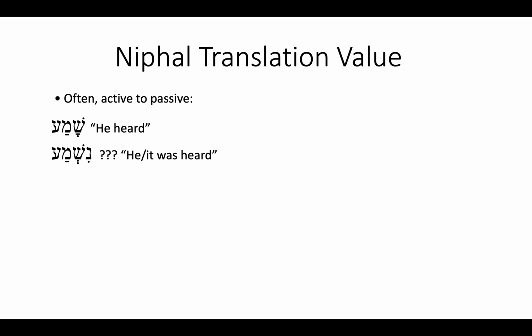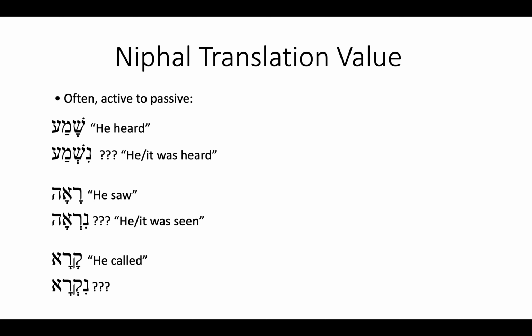Let's practice a few more. Ra'ah, he saw. How does that sound in the passive? It becomes he or it was seen. Qara, he called. In the passive, in the Niphal, it becomes he or it was called. Sometimes people have said that the passive takes away the agency.